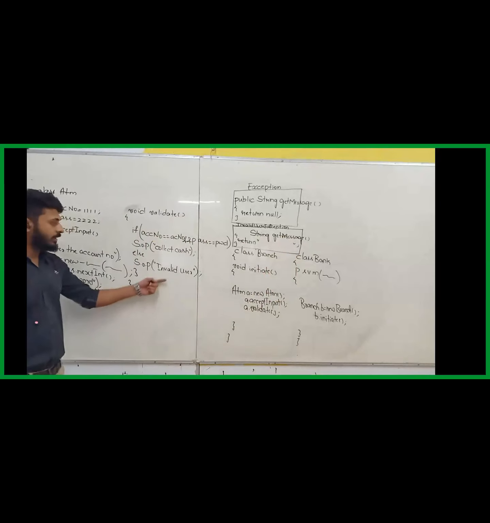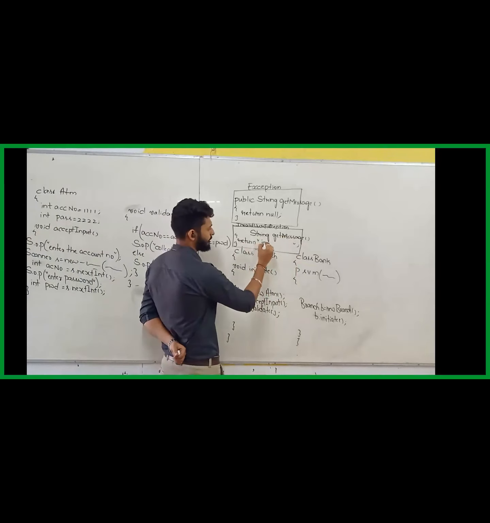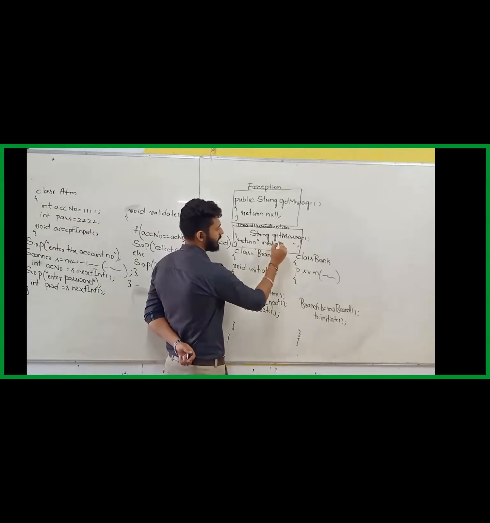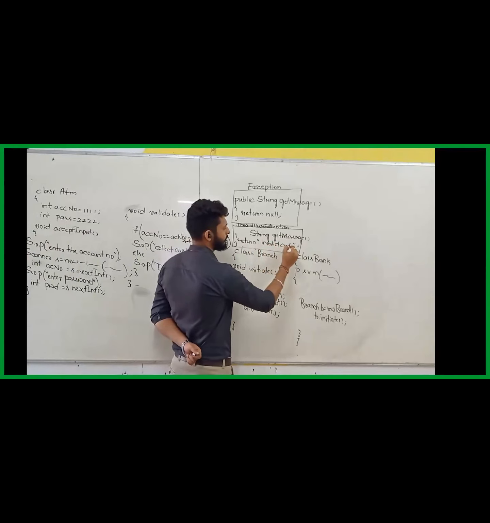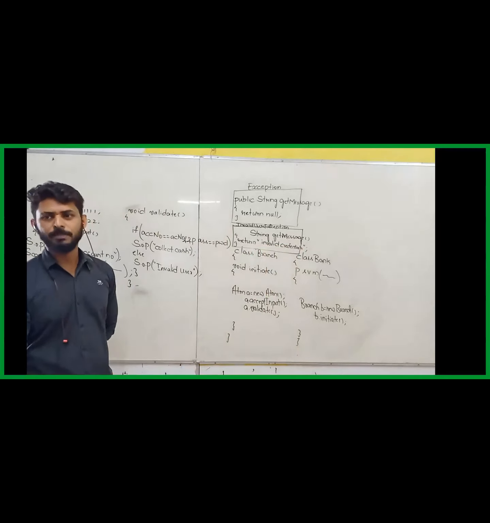Whatever you are printing here, write directly. Don't print it here, just return it here. What will I return? Invalid credentials. Got it? Invalid credentials is nothing but your login ID or password.